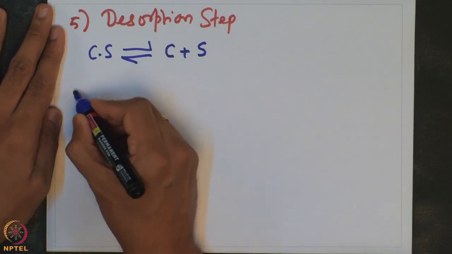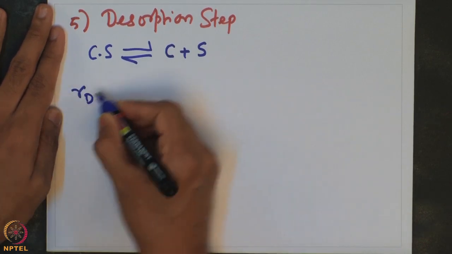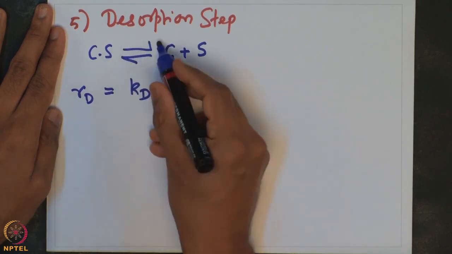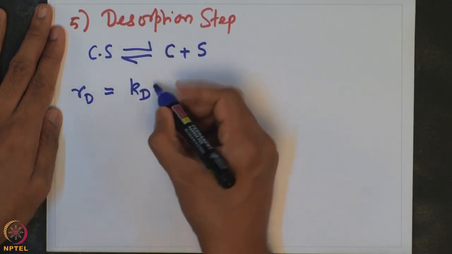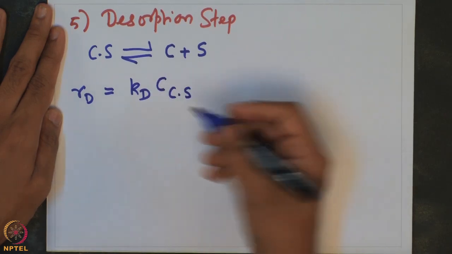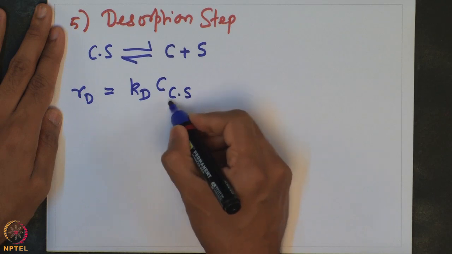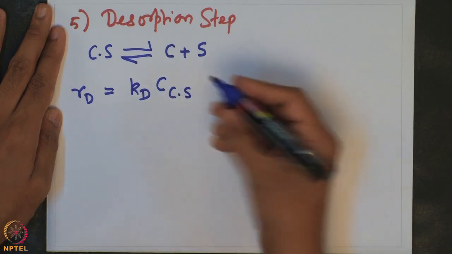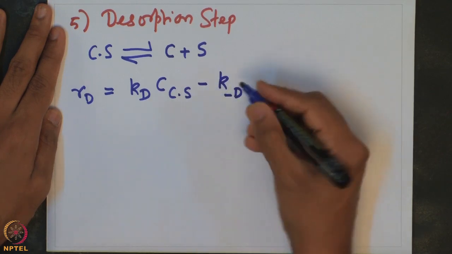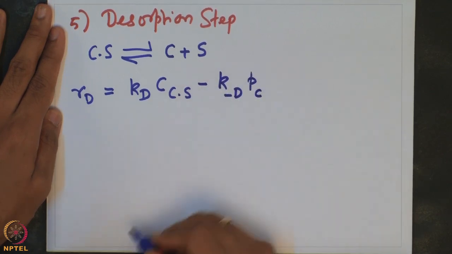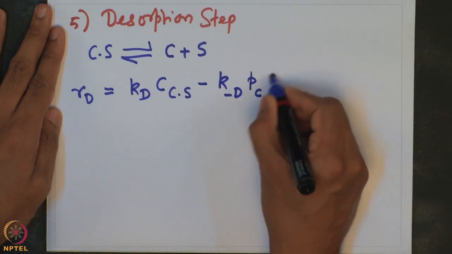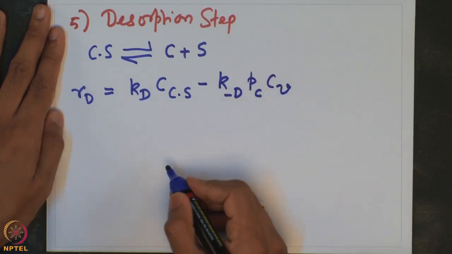So, we can write the rate at which the desorption step happens, Rd, as Kd, which is the forward desorption rate constant, multiplied by the concentration of the active site containing species C, minus K minus D into the partial pressure of the product species C in the gas phase multiplied by the concentration of vacant sites.